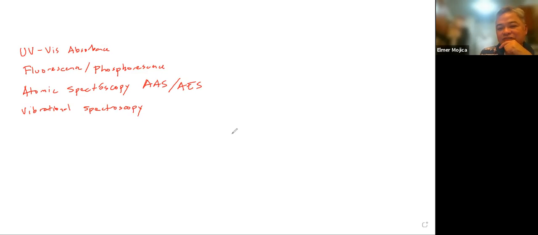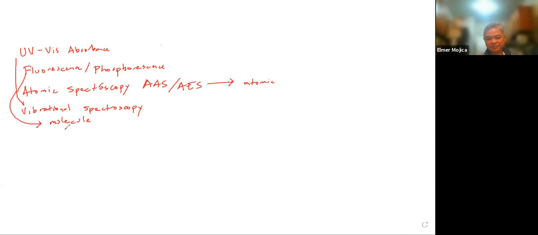Now, if you're going to look at the interaction, ito lang yung tinatawag nating atomic level. All are involving what? The molecule. Okay? And each of them has their own use.